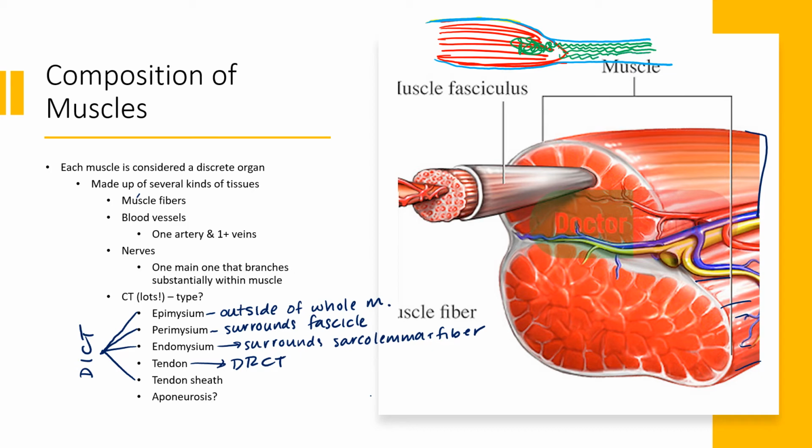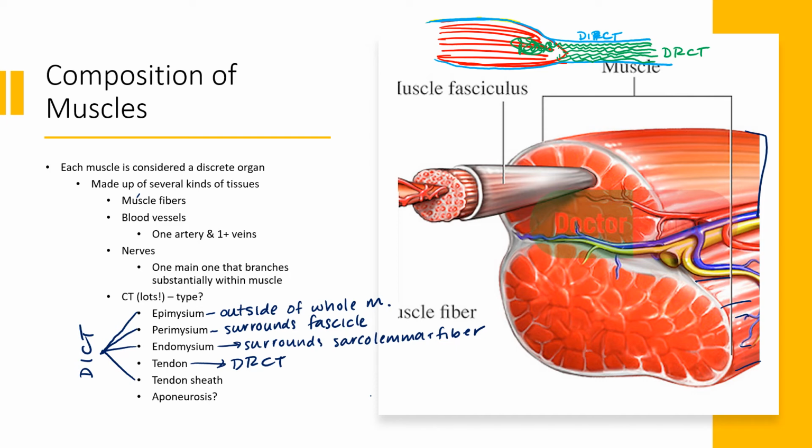The dense irregular connective tissue fibers, those collagen fibers of the endomysium and perimysium, when they get to the end of the muscle, are going to smooth out and become long and parallel to become dense, regular connective tissue. The epimysium on the outside of the muscle cell will remain dense, irregular connective tissue.